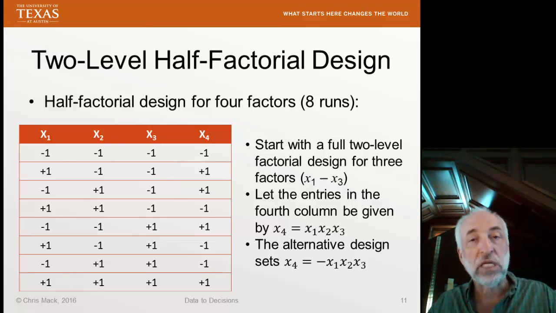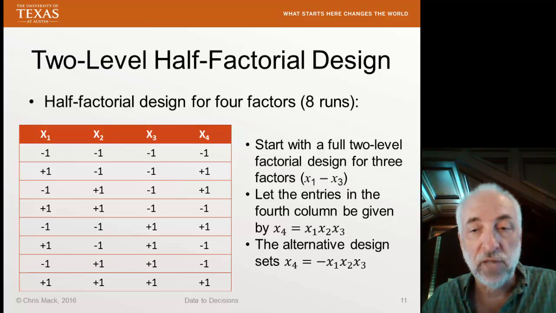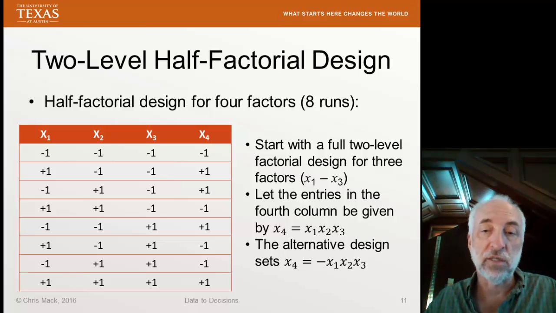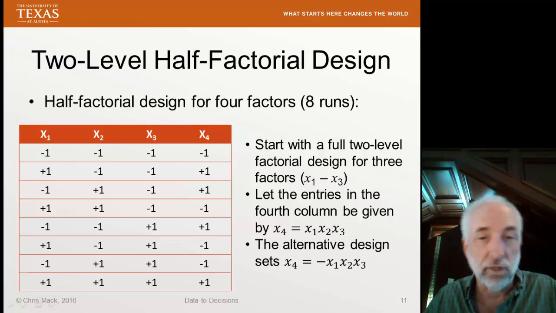This is how we achieve our 2-level half-factorial design that is balanced and orthogonal. Now, the alternative design is just to throw a minus sign in the equation, so there's always going to be 2 options for creating this half-factorial design.